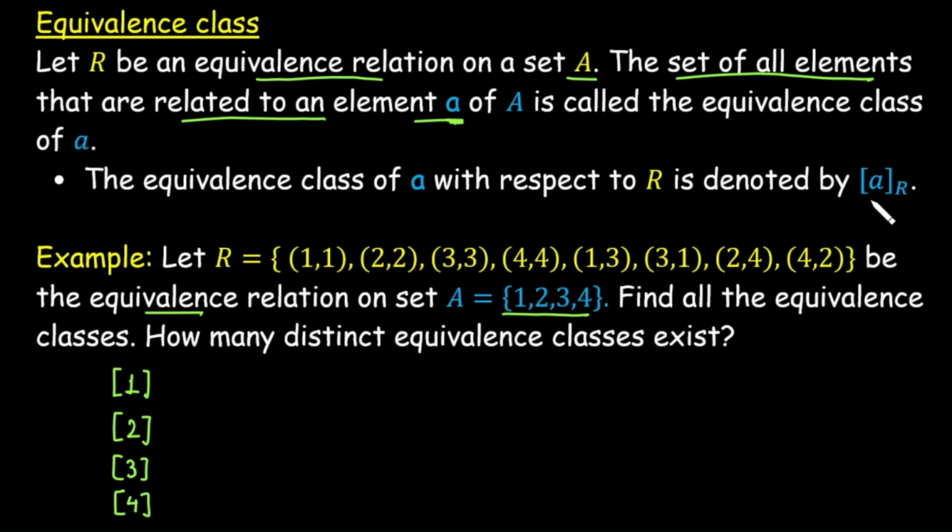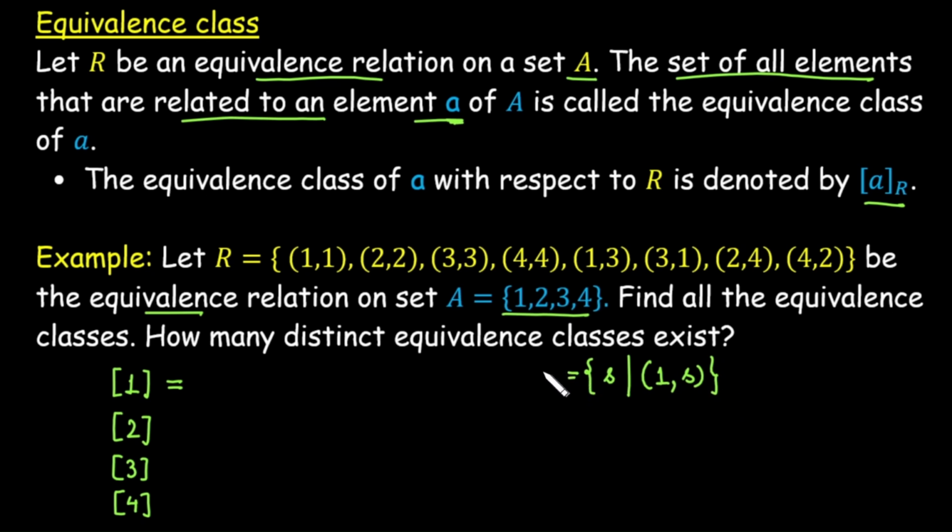The equivalence class is represented in this form, or we can represent it simply in square brackets. Equivalence class of 1 means collect all those elements that are related with 1. We need to collect all the ordered pairs (1, S), then pick all S in one set.